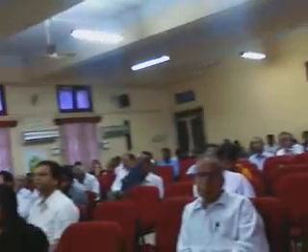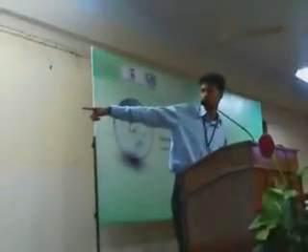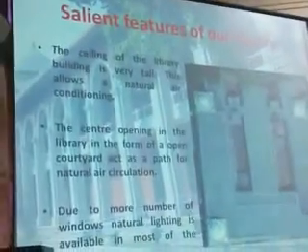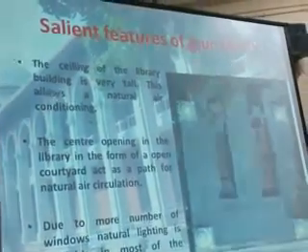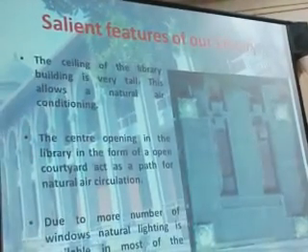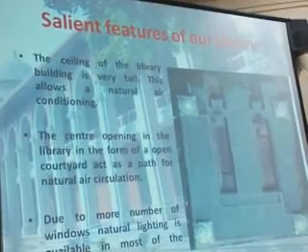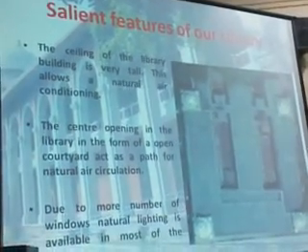One thing we noticed is that the traditional architecture itself is providing some kind of energy management. You can see this is the main library building. Within this building, you can see 2 courtyards. These courtyards provide ventilation. That means fresh air can get into the library building, and it also regulates the air present inside the building.